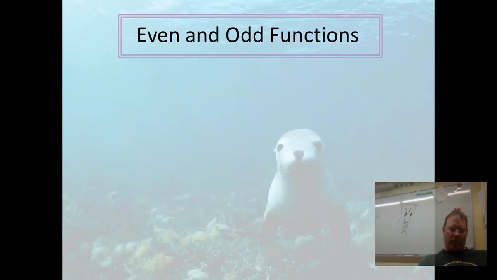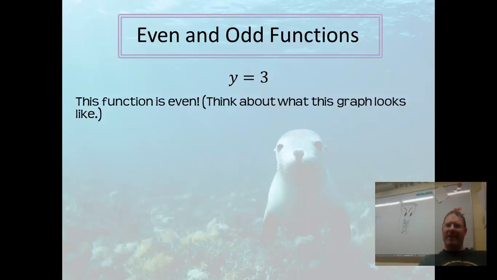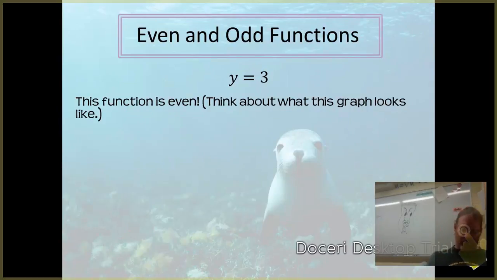All right, let's try another one. Y equals 3. Isn't that a strange critter? What are your thoughts? Even, odd, or neither? The function is even. And in order to understand it, I want you to think about what the graph looks like.